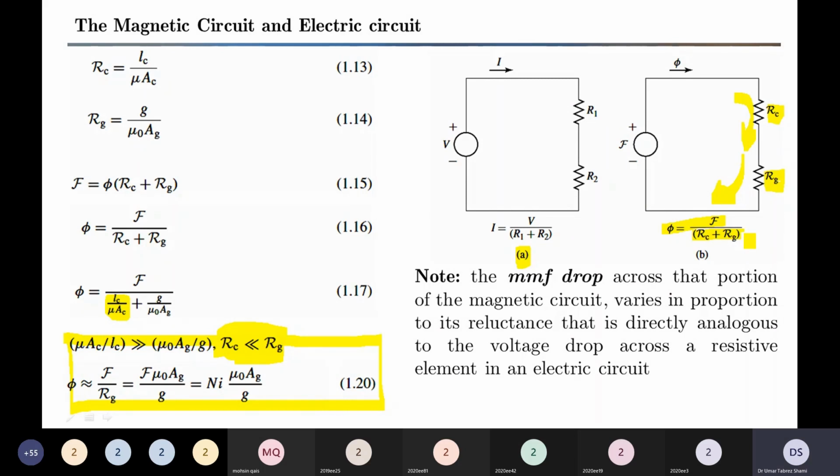And this is what we are going to do: we will transform the magnetic circuit into an electric circuit, solve using the formulas, the nodal equation, or KVL, or Kirchhoff's KCL, and then find the values for the magnetic circuit. So this is the advantage of our given scheme.